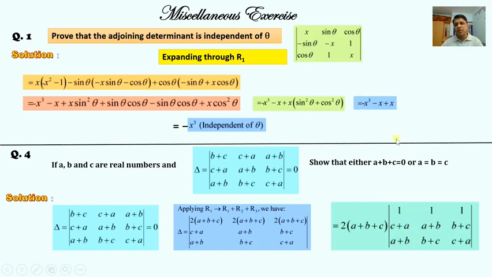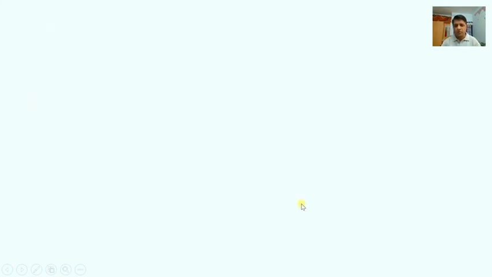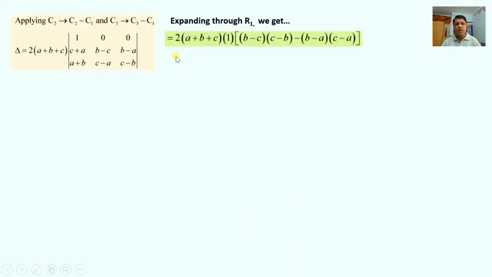Now we need to think about the remaining part. A plus B plus C, the first factor, we already got here. Then we will be thinking about A minus B, B minus C, and C minus A. Almost we got everything in the simplest manner. So now we will be expanding through R1.